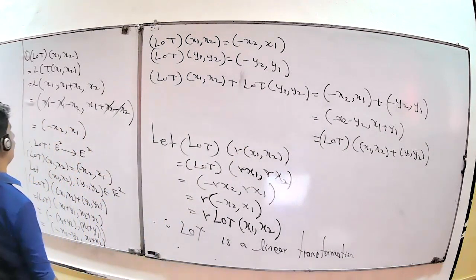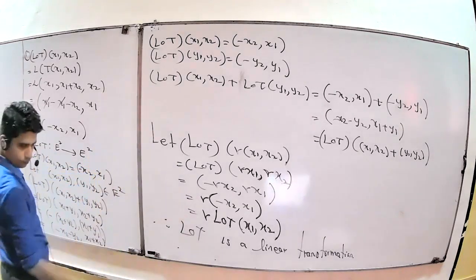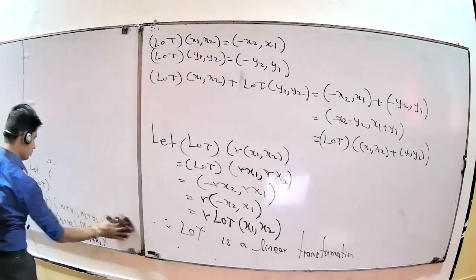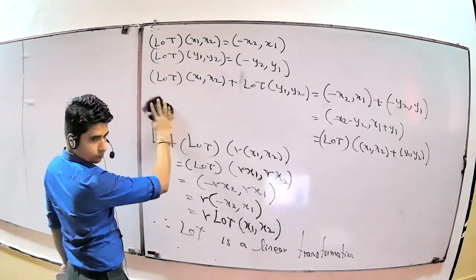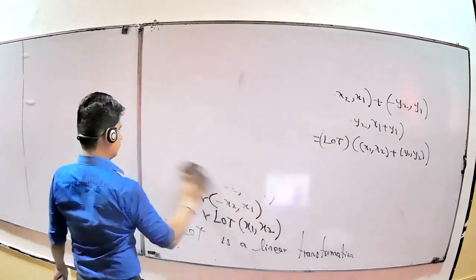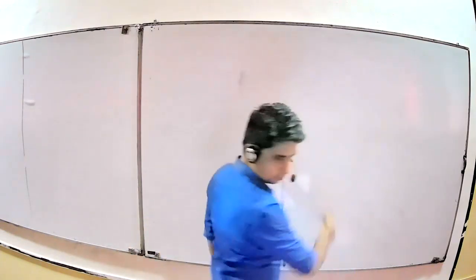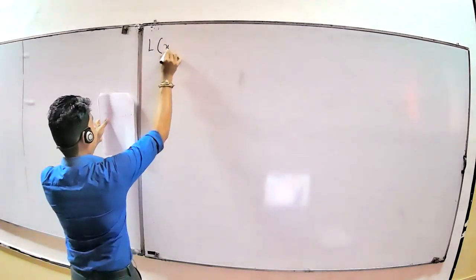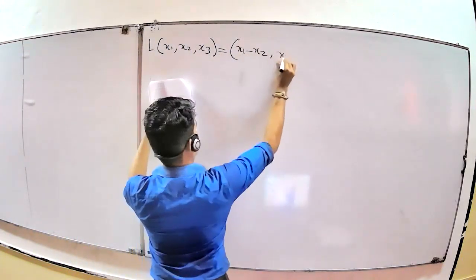First, you want to find the representation matrix for L. Your function is defined x1, x2, x3, x1 minus x2, x2 minus x3.